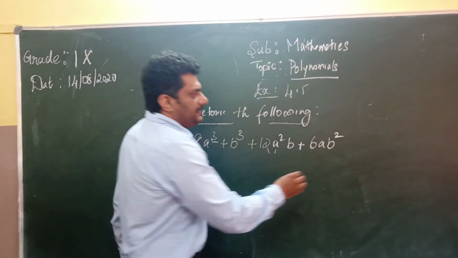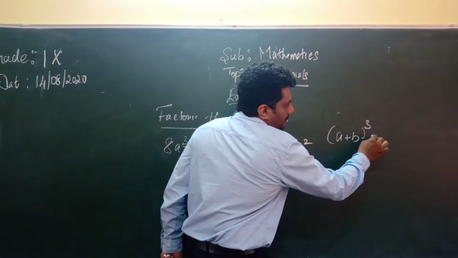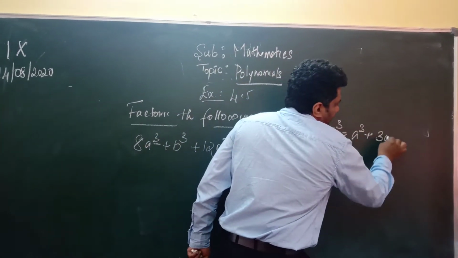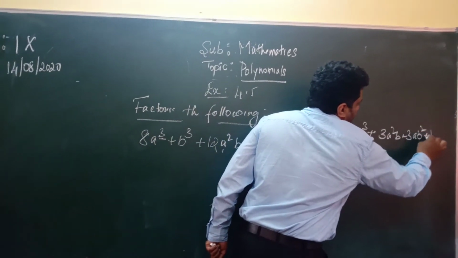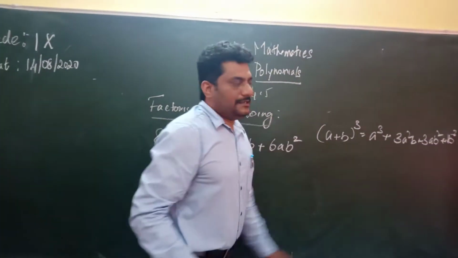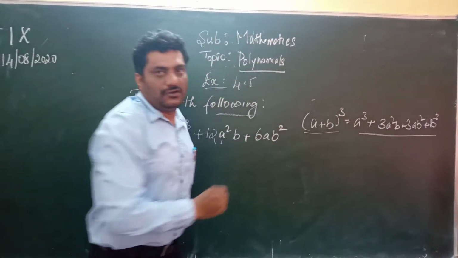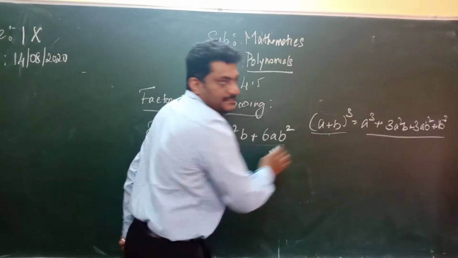We had an identity stating that a plus b whole cube is equal to a cube plus 3a square b plus 3ab square plus b cube. This is the expansion and this is the short. We have to get it in this form.